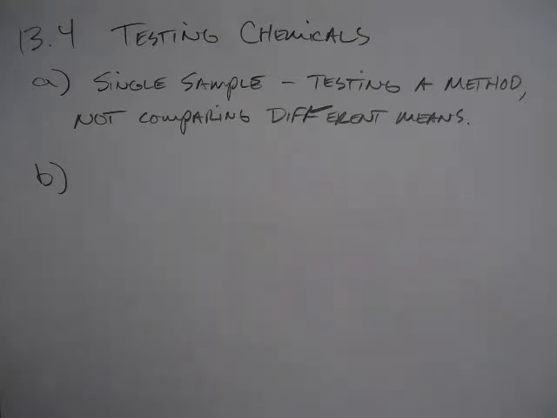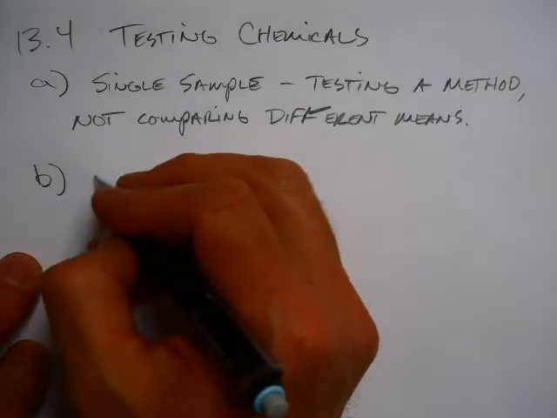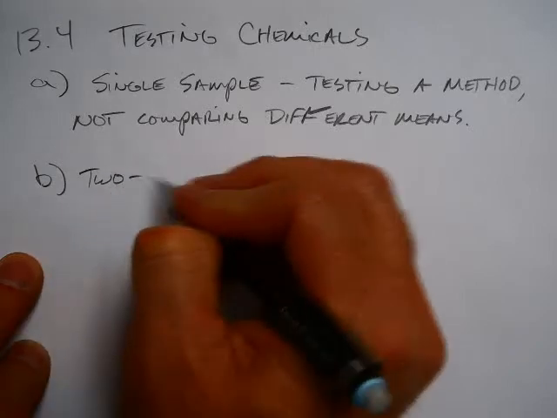I don't think he's paired, because he's not testing the same vial with both methods. He's testing the same solution, but he's literally using a different vial for each test. So this would be a two independent means situation.